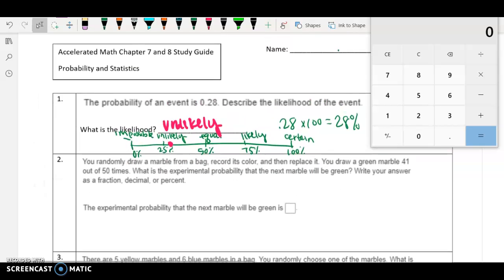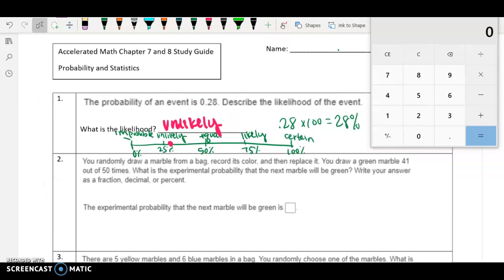All right. Number 2, you randomly draw a marble from a bag, record its color, and then replace it. You draw a green marble 41 times out of 50 times. What is the experimental probability that the next marble will be green? Write your answer as a fraction, decimal, or percent. Asking for our experimental probability, and our experimental probability showed that we got 41 times out of 50 times.